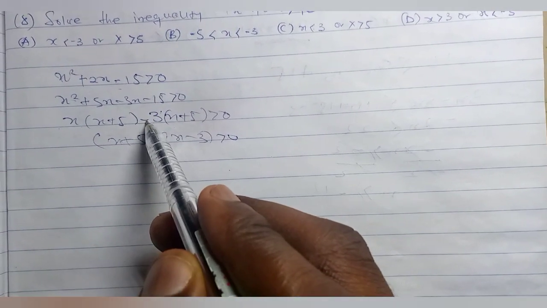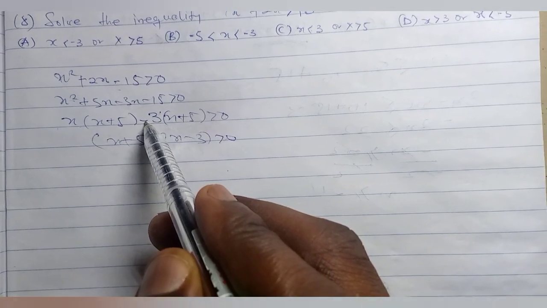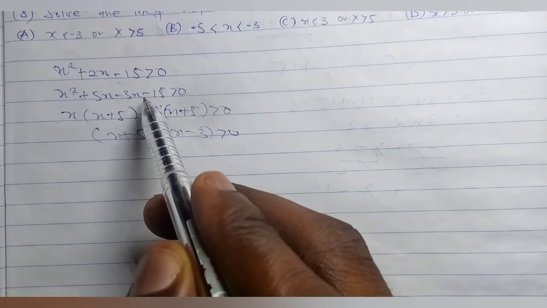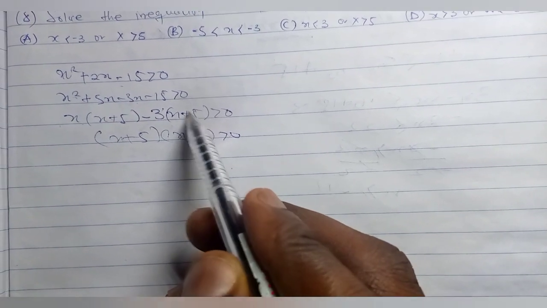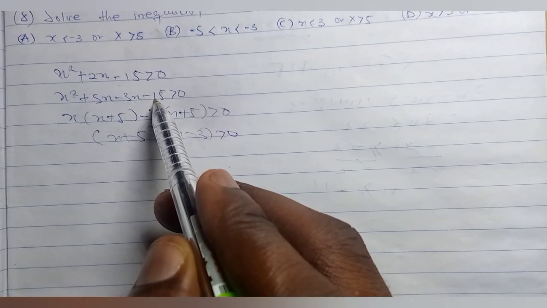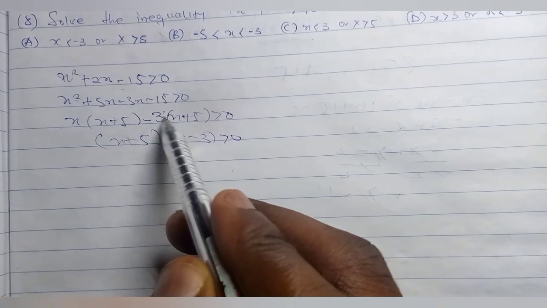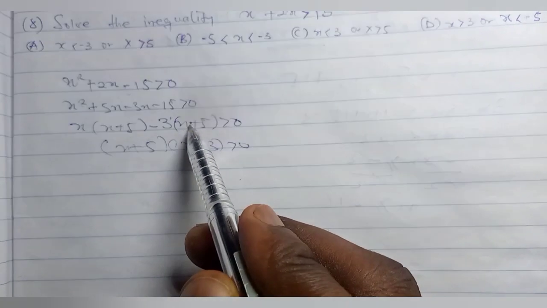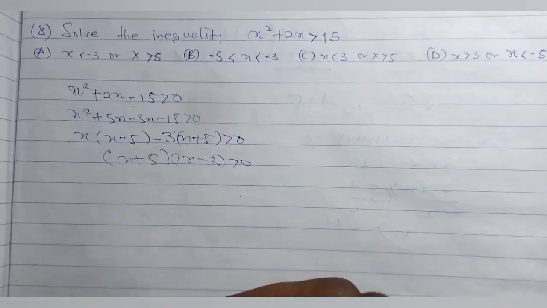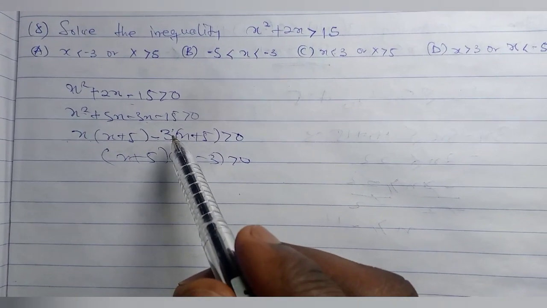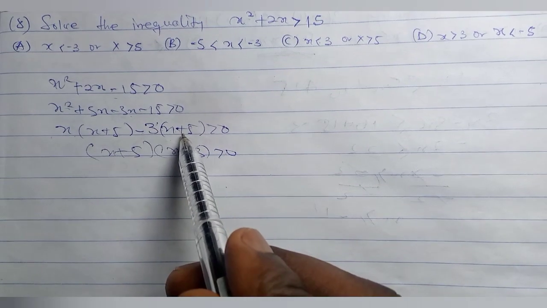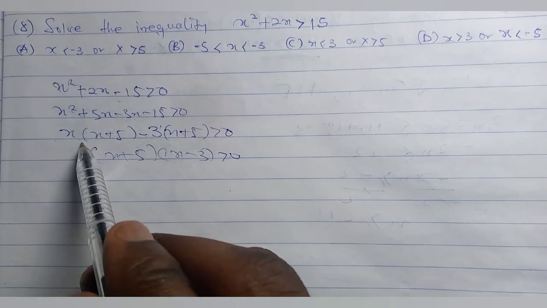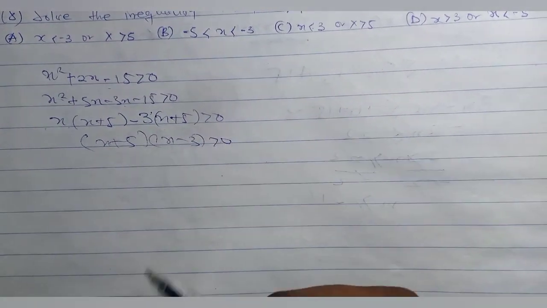We know that negative 3 times x is negative 3x, and negative 3 times 5 is negative 15. Why? Negative times positive is negative. Now the shortening factor in this is this bracket, x plus 5, so x plus 5, then x minus 3 greater than 0.